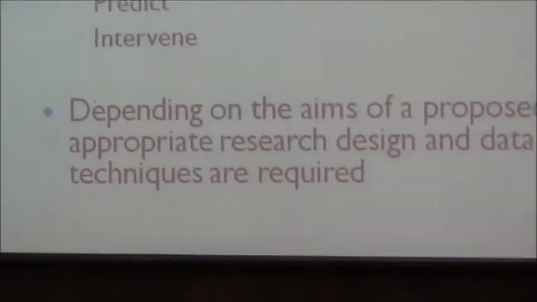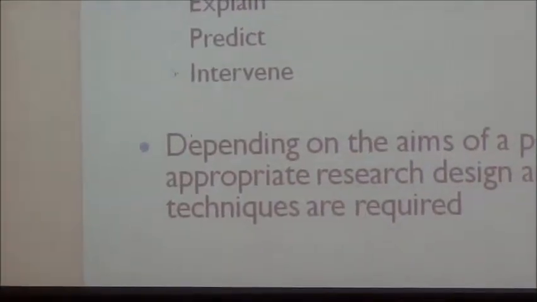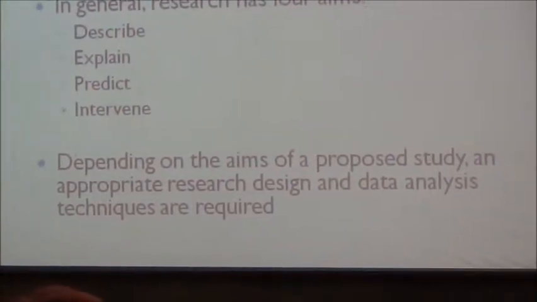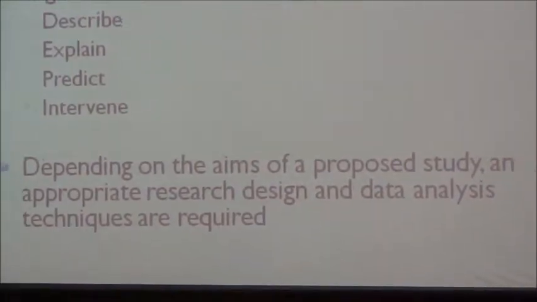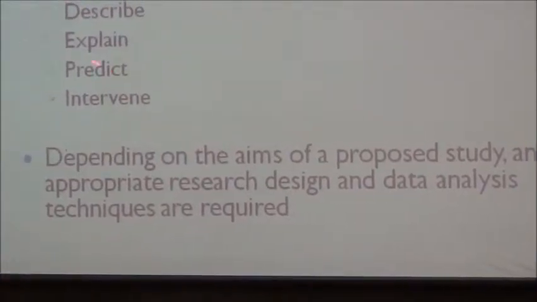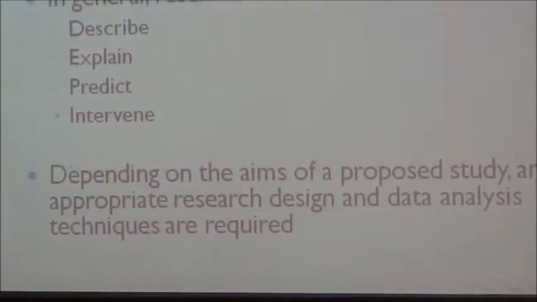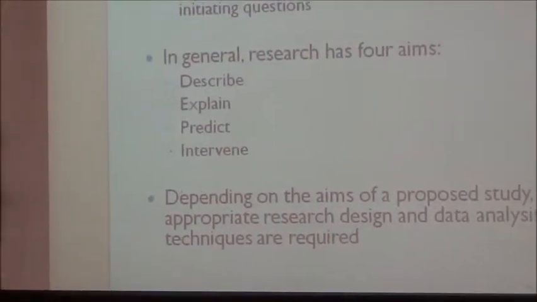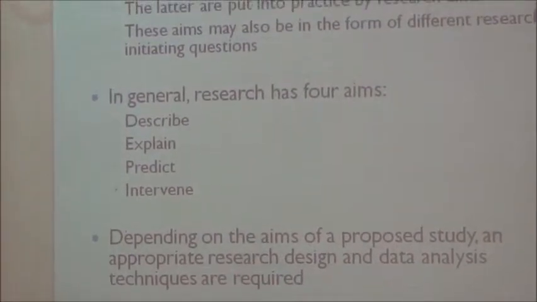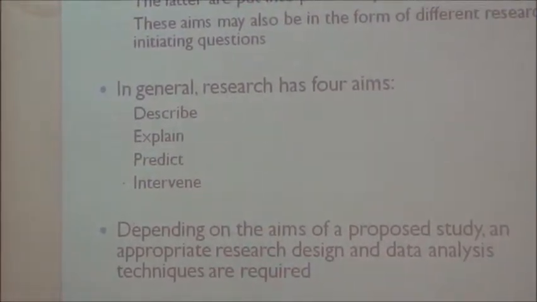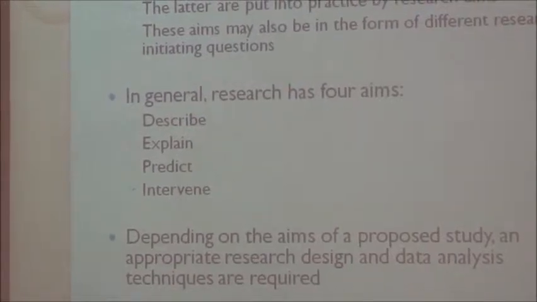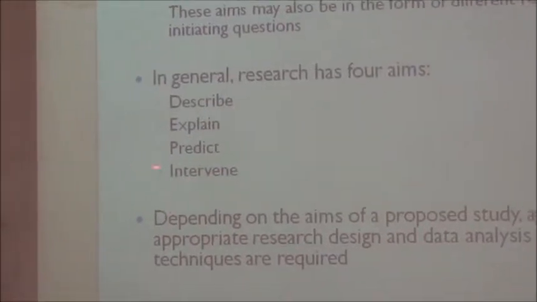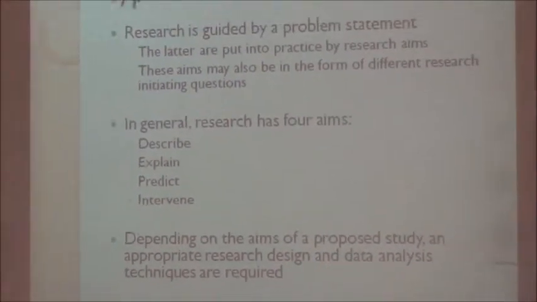So your research question or problem statement will either be in the form of describing something, don't worry, I'll give you examples now, or your research problem may focus on explaining something, or try and predict something that will happen. Or if you are very optimistic, you can have a research problem that tries to measure the impact of something. And that's when we get to intervention.